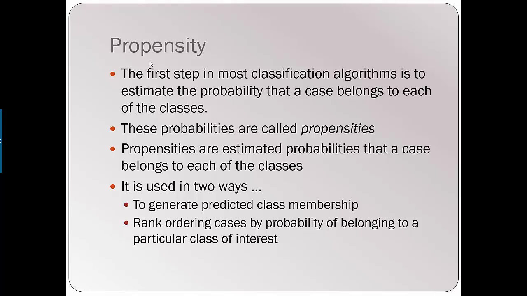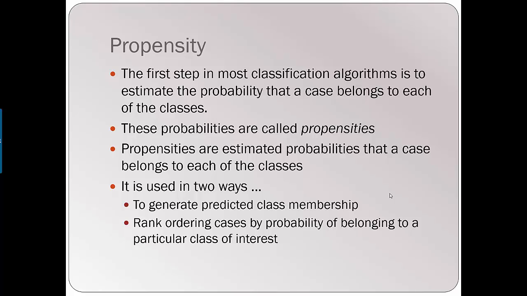The first step in most classification algorithms is to estimate the probability, which are called propensities. And then the propensity is used in one or two ways. The first is to generate predicted class membership. So you can set a cutoff value, say the default value is 0.5.